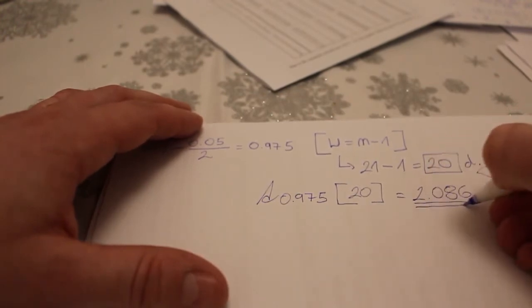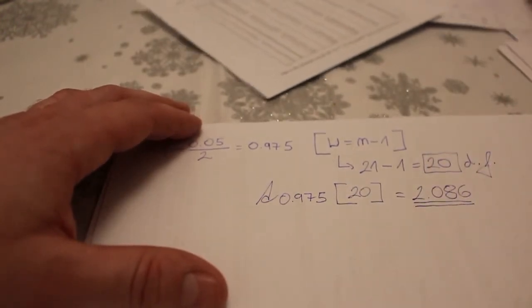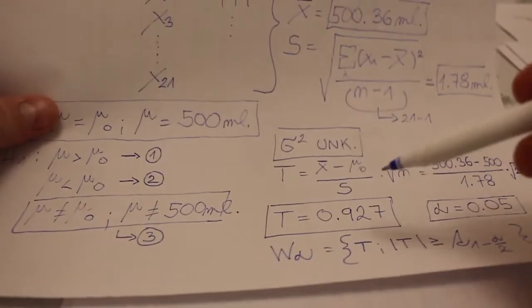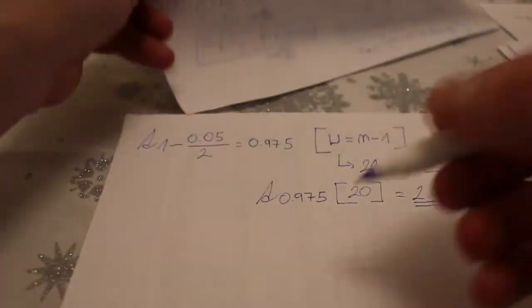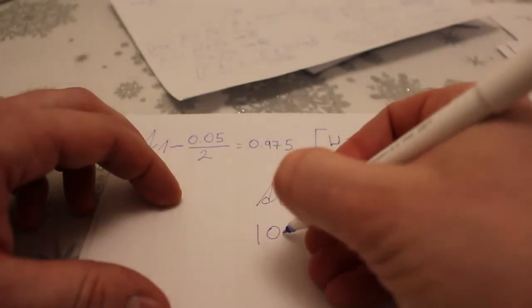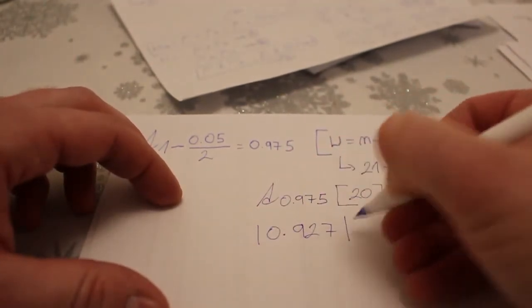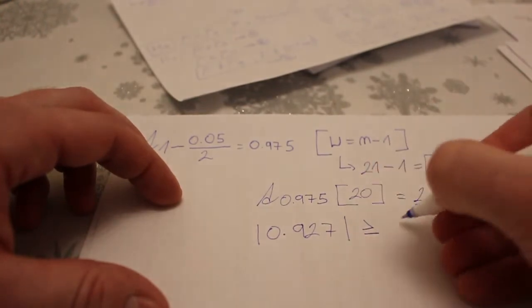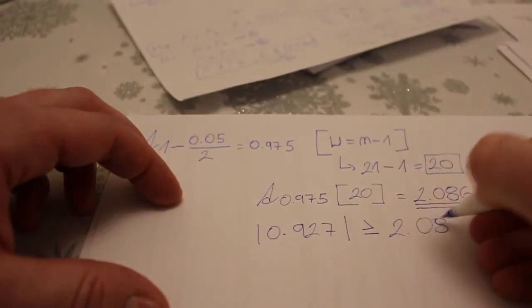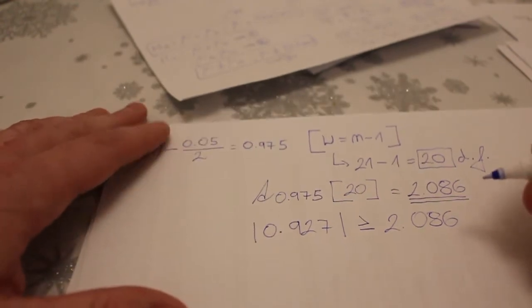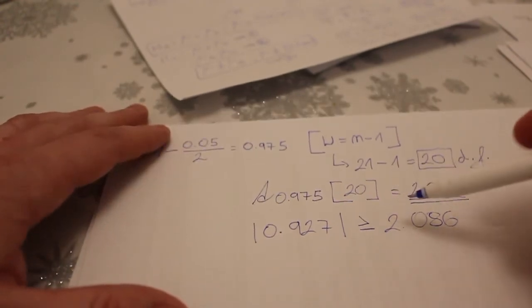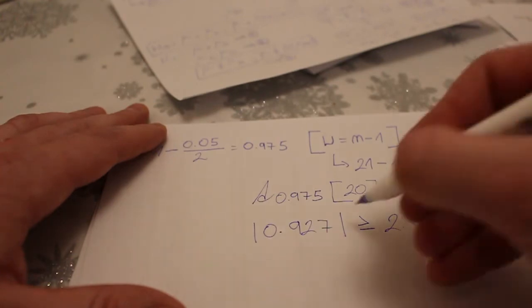Now there is a question: if the absolute value of 0.927 is higher than or equal to 2.086, we enter the rejection region and we must reject the null hypothesis at the 5% significance level.